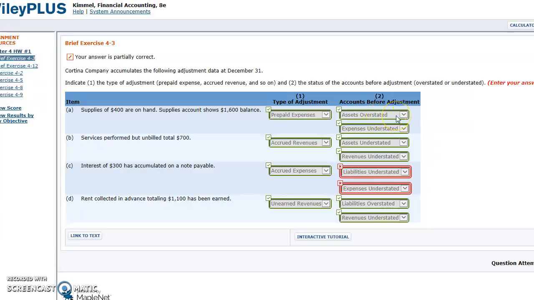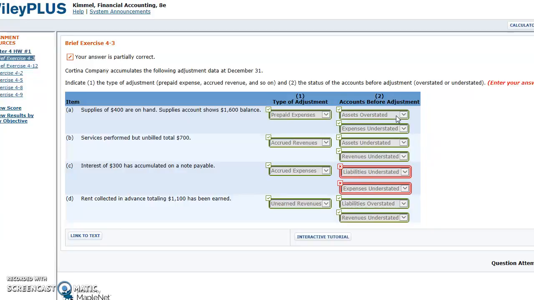For B, services performed but unbilled total 700. So this is a service we provide as a company. But when it is unbilled, that means we have not yet submitted our invoice to receive the payment.